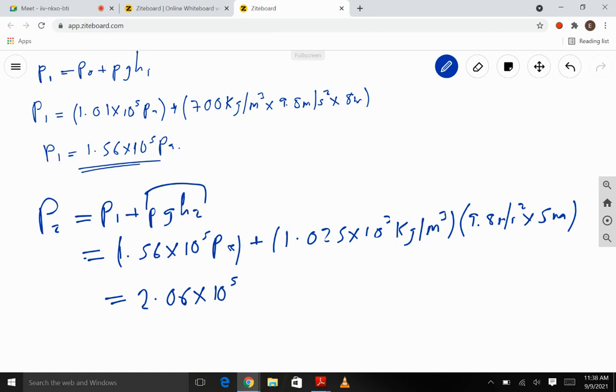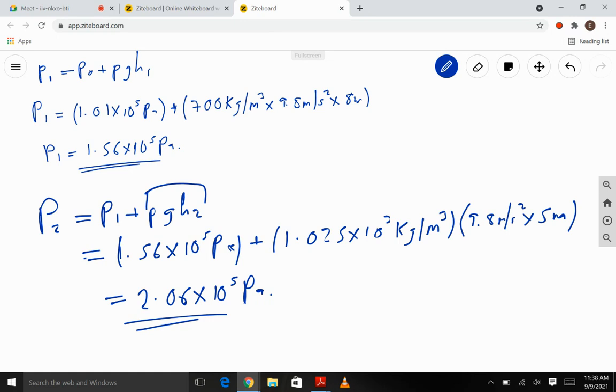So maybe someone may be wondering, but why didn't we just get the total height, the 8 plus 5 meters, and then just use the equation directly? Well, we could have done that to find a quick answer if and only if we had the same substance. What I mean is, if this oil tanker only had oil, then we could have just calculated the total distance from the top to the bottom.